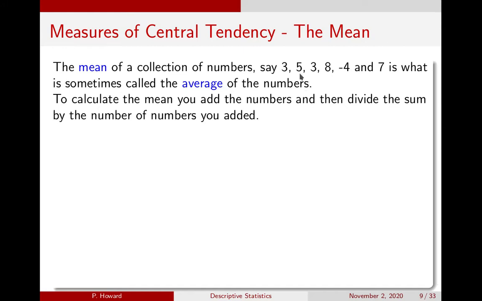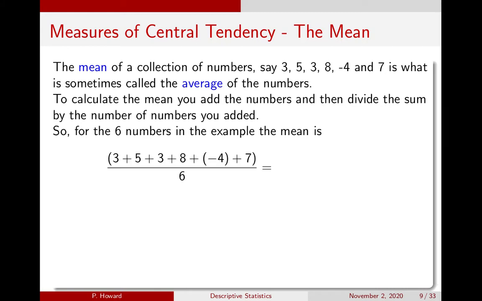So to calculate the mean of these 6 numbers, I would add the 6 numbers and then divide the result by 6. So that's what I've done here. The numbers are added in the numerator. I'm dividing by 6 in the denominator, and that'll be 22 over 6, 3.667, which I have rounded off to 3.7.